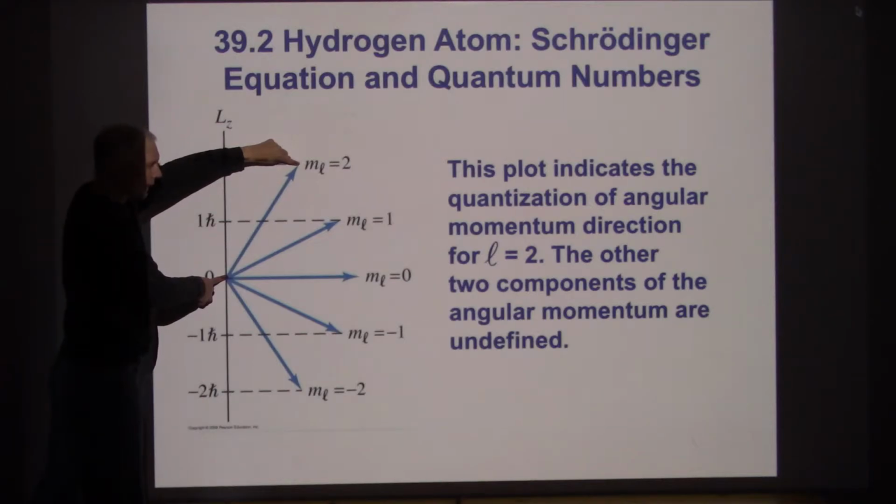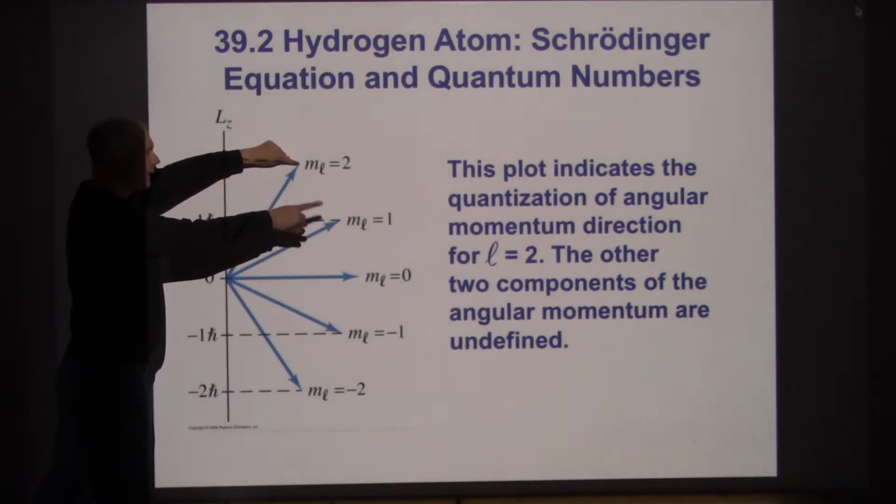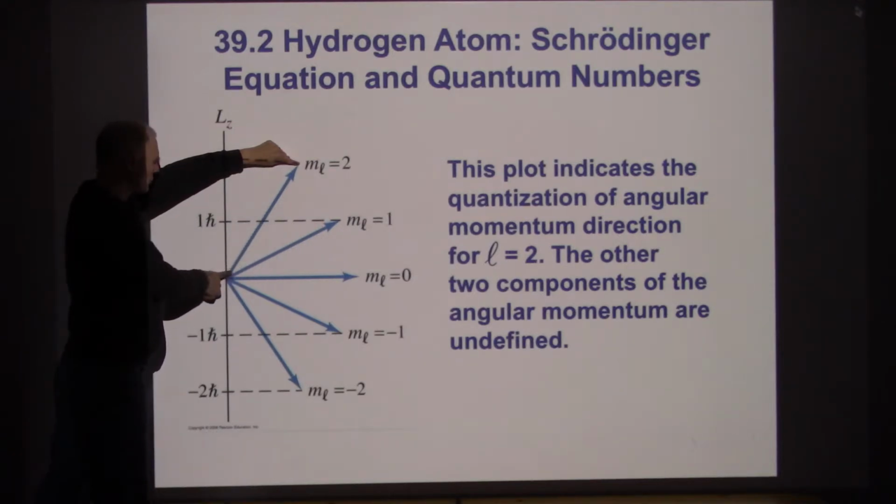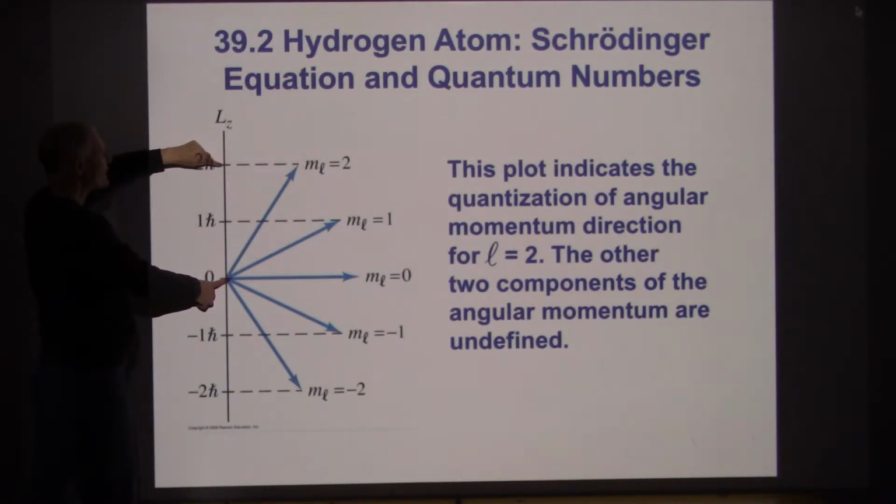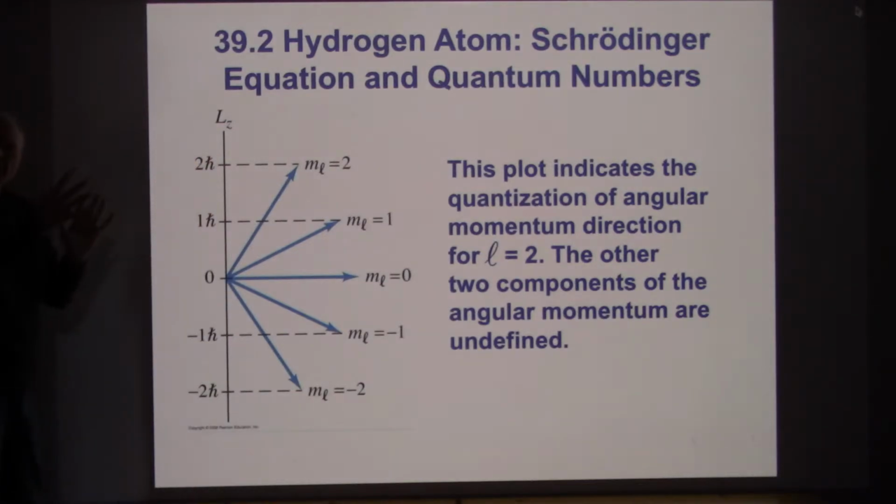This is the length of the square root of 6. It's the square root of L times L plus 1, which is a little bigger than 2. It's like 2.45. So the total magnitude is like 2.45. The z component is 2, and that gives us a little bit of a tip.